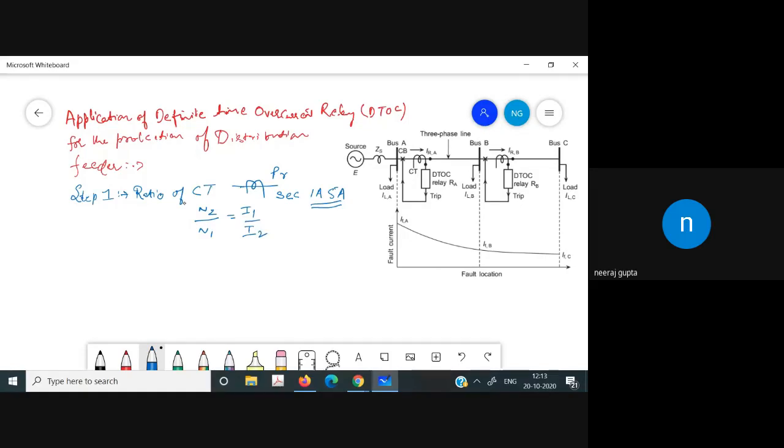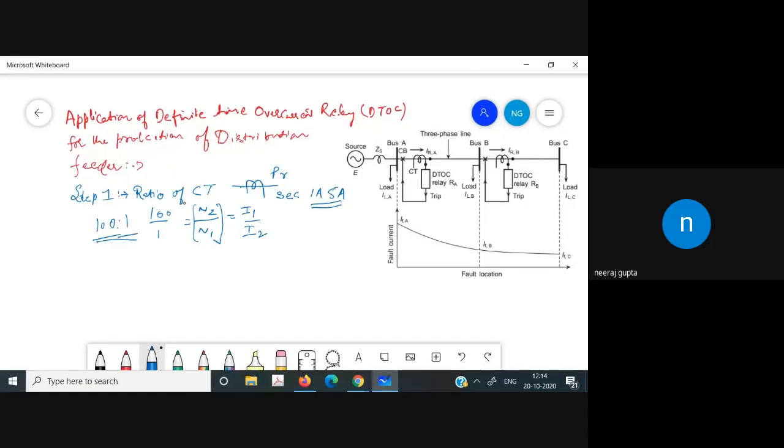This is known as the CT ratio. Let us suppose that the ratio of the CT is 100:1, so it is a CT of 100:1.